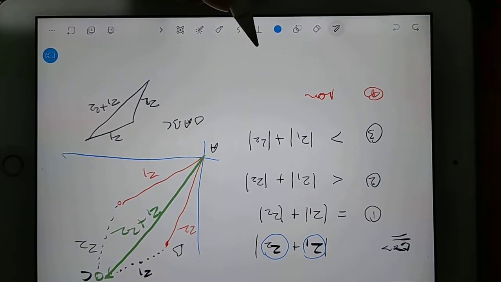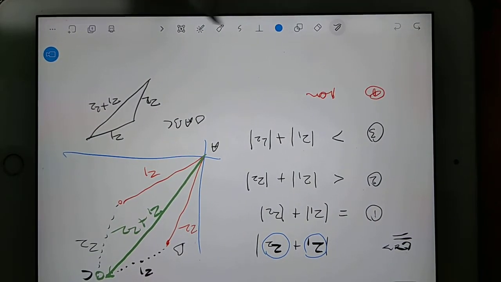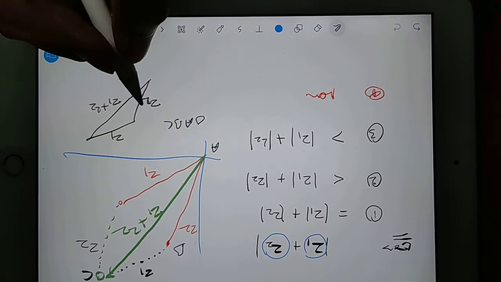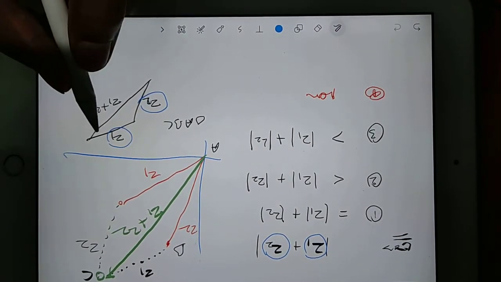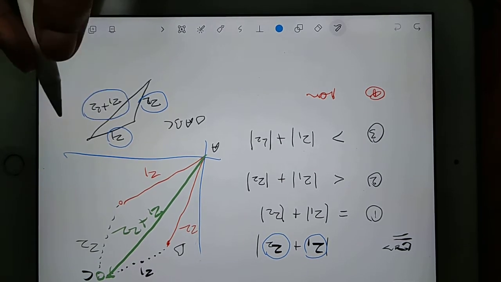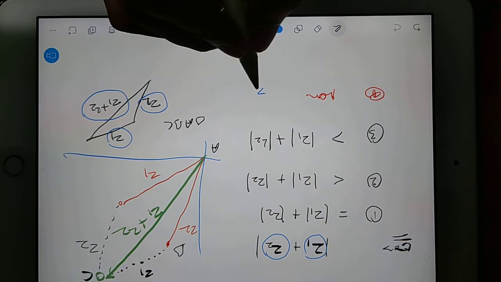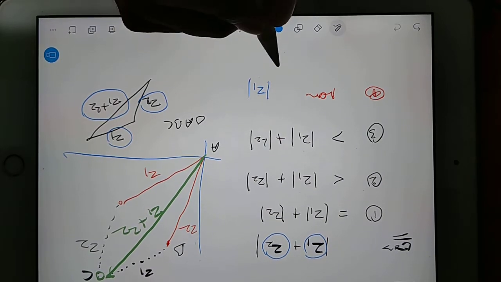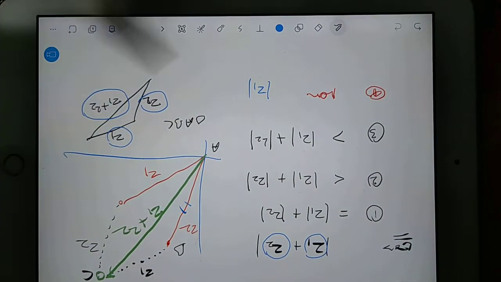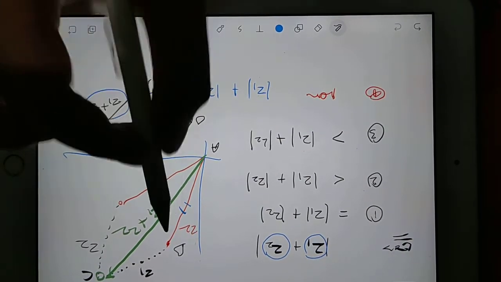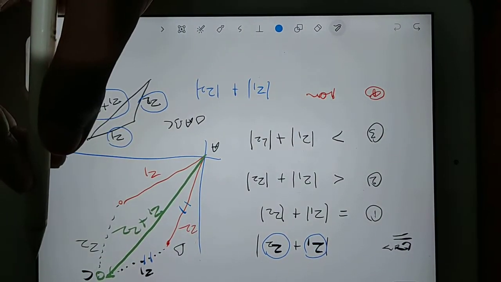You may remember in our basic classes, 6th or 7th standard, one theorem in geometry: the sum of two sides of a triangle is always greater than the third side. It means if you take the modulus of Z1, it represents the length of a side, and the modulus of Z2 again represents the length of a side.